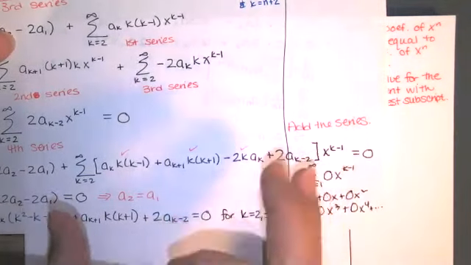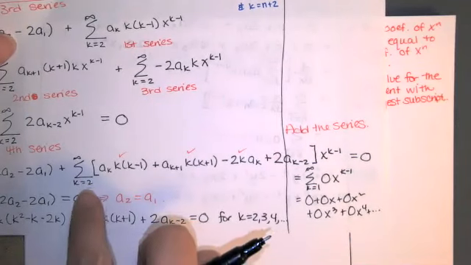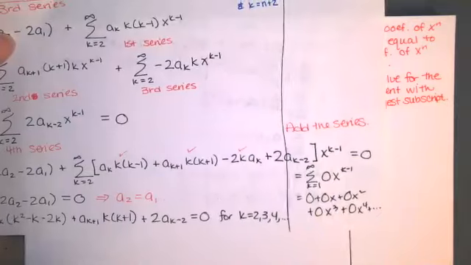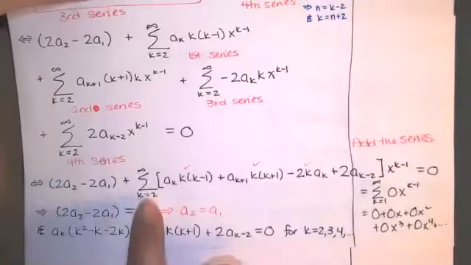So it would be the same thing in slightly different form. But if you plugged in the values of that index, you would get exactly the same series. Okay, so this is telling us where to start. We're going to start with k equals 2.